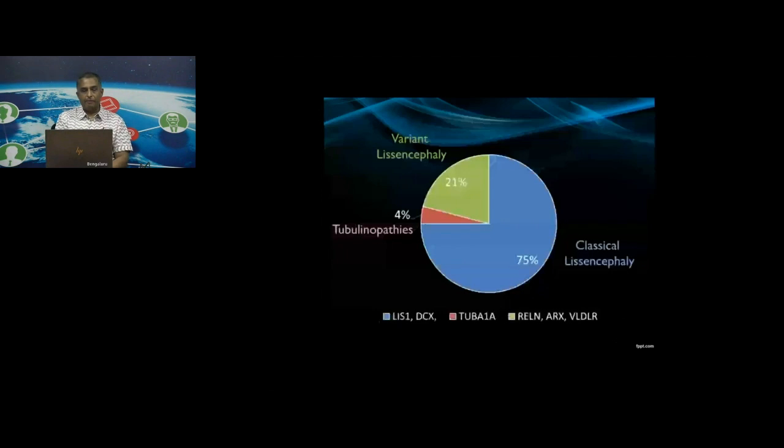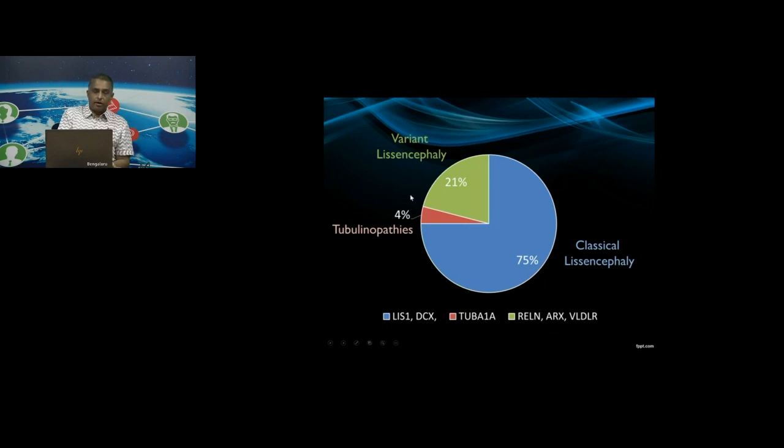expecting to be abnormal. Now, if you look at lissencephaly as a whole pool of cases, you will see that classical lissencephaly, which we discussed, that was a case scenario that I put up a little while before. Classical lissencephaly and the Miller-Dieker variant, which means your LIS1 gene, your DCX gene, your ARX gene, the Reelin gene, so on and so forth, pool in to contribute about 75%.